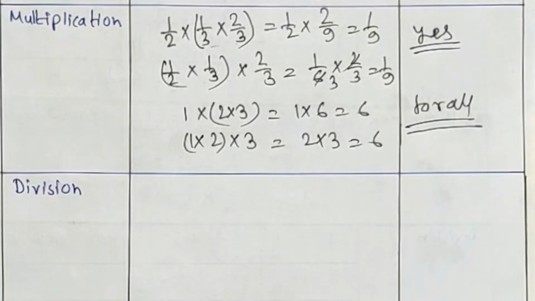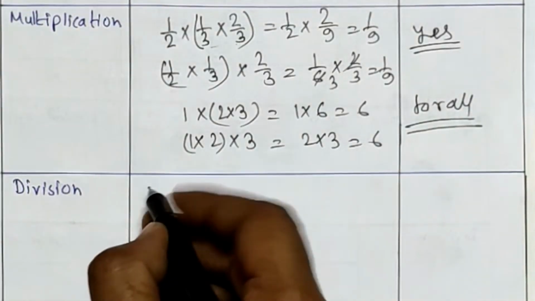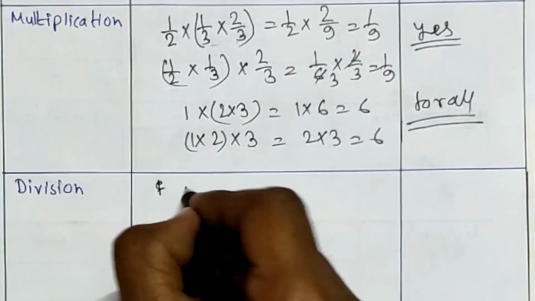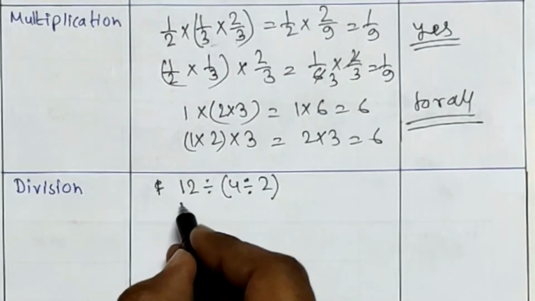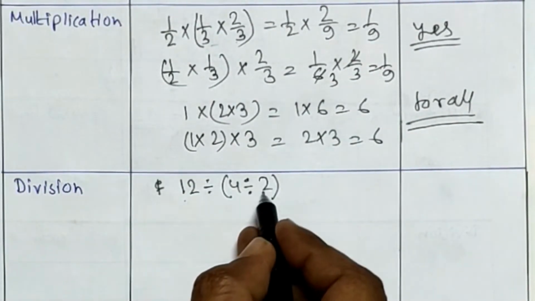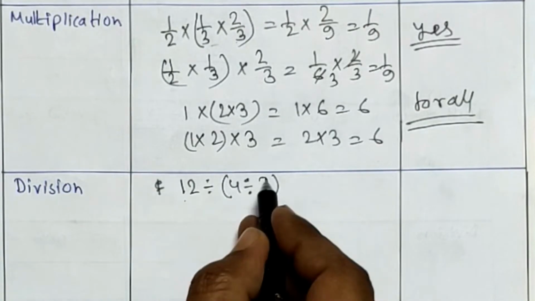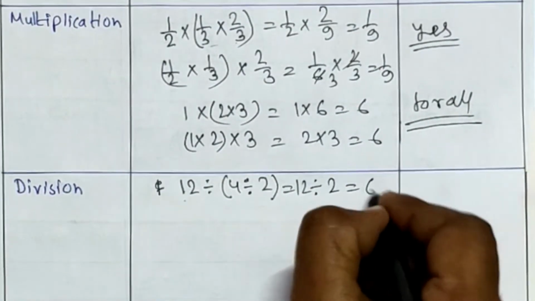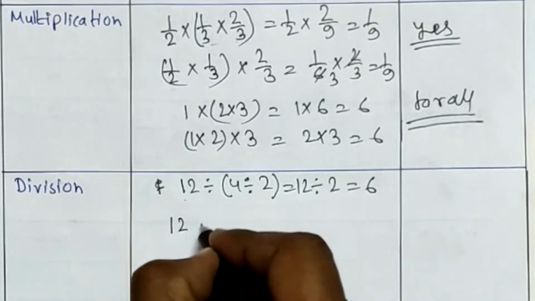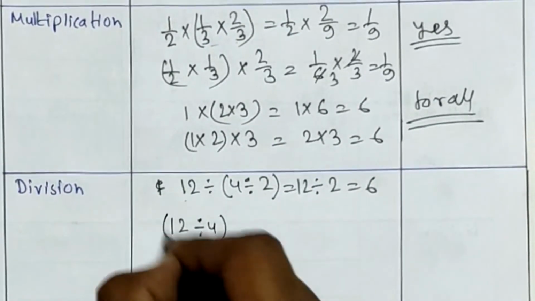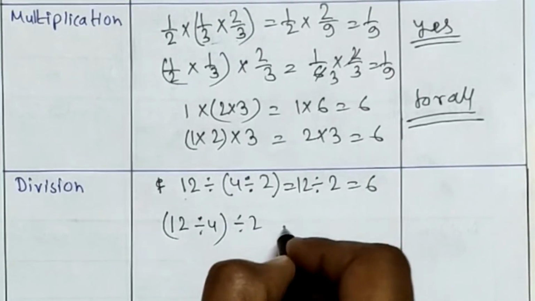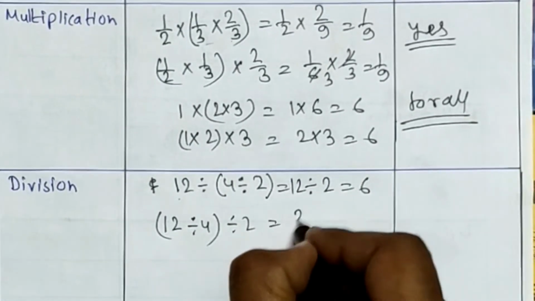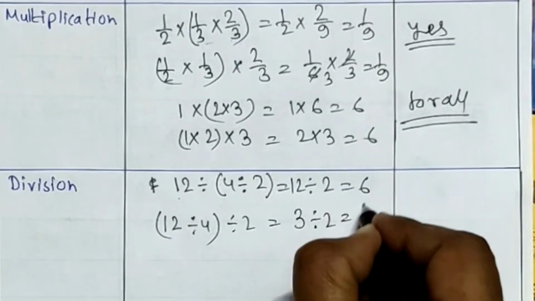Now what about division? For division, look, if we write 12 divided by (4 divided by 2), at first we have to do this division. Then this will give us 12 divided by 2, which equals 6. Now taking the order like this, (12 divided by 4) divided by 2, this will give us 3 divided by 2, which equals 3 by 2.